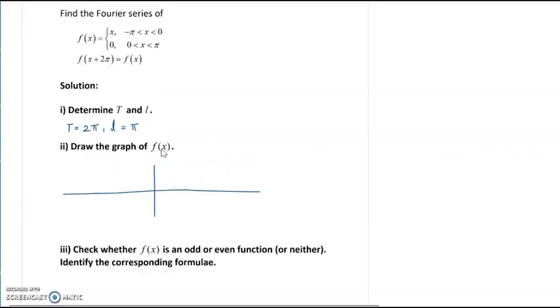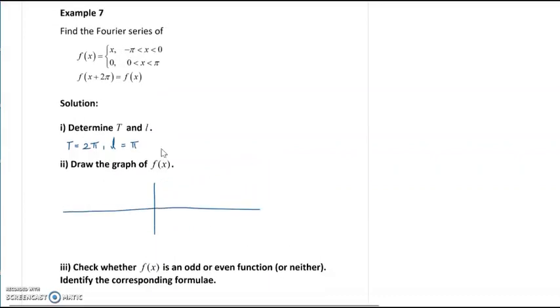So first look at the first interval, from negative pi to 0, and the next will be from 0 to pi. The first function is x, so f(x) equals x in the range of negative pi to 0. We check when x equals negative pi, then f will be negative pi, of course.